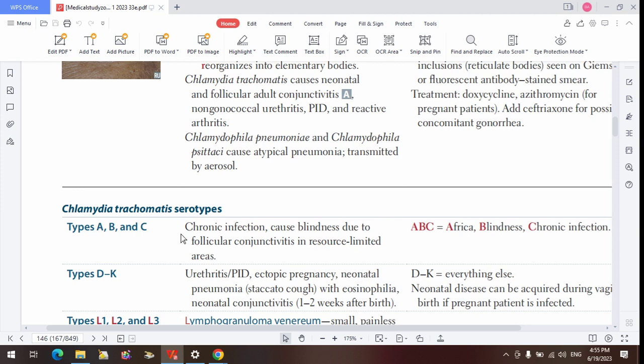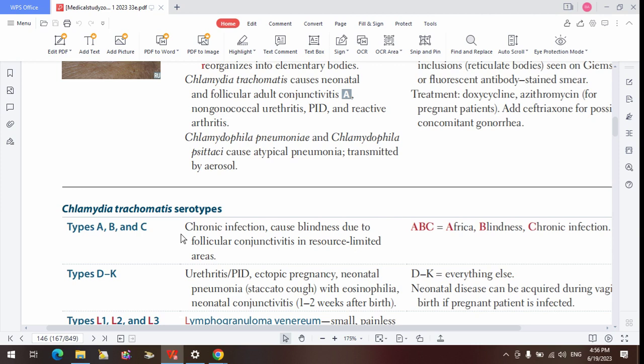Then they said afterwards the infant started coughing and this cough is characteristic, we call it staccato cough. So staccato cough is a cough that has a honking intonation. I cannot demonstrate that cough, but they said it has that tone, and the baby coughs, takes a deep breath, inspires, then coughs again.